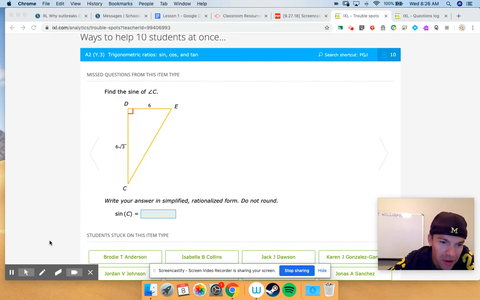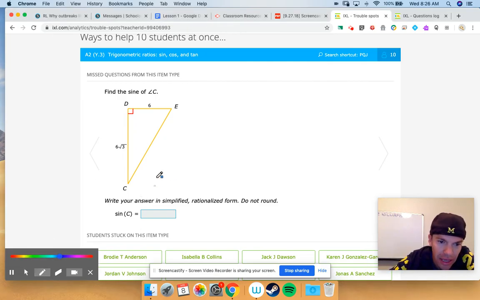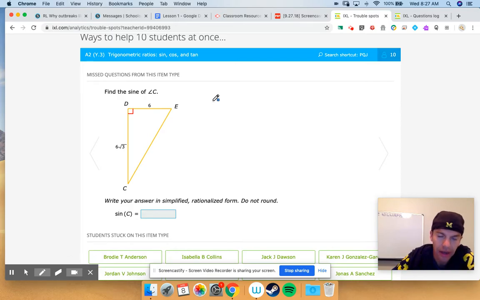Okay, so let me get the pen here. All right, so we're looking at angle C, which is right here. Okay, and we need to find sine.